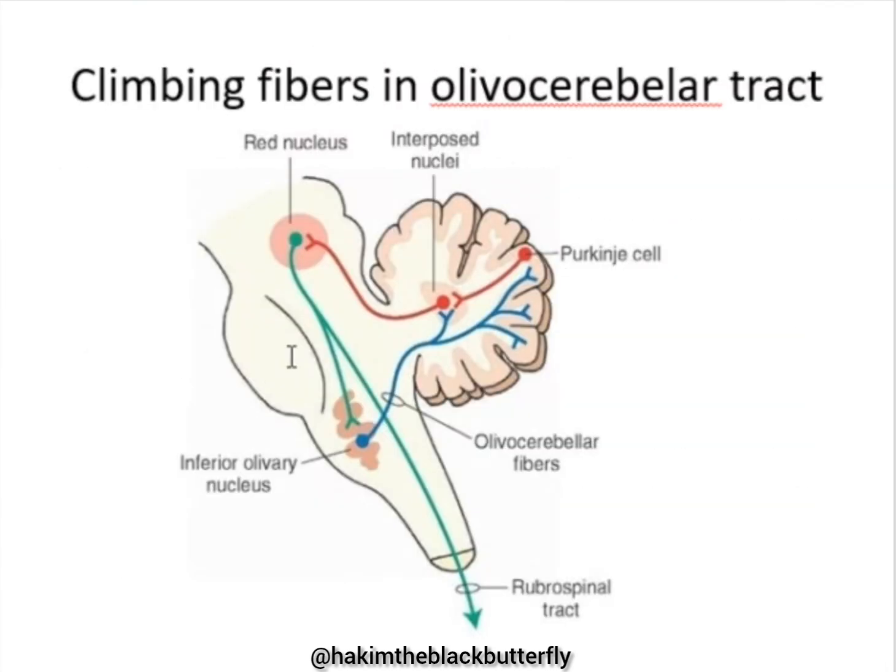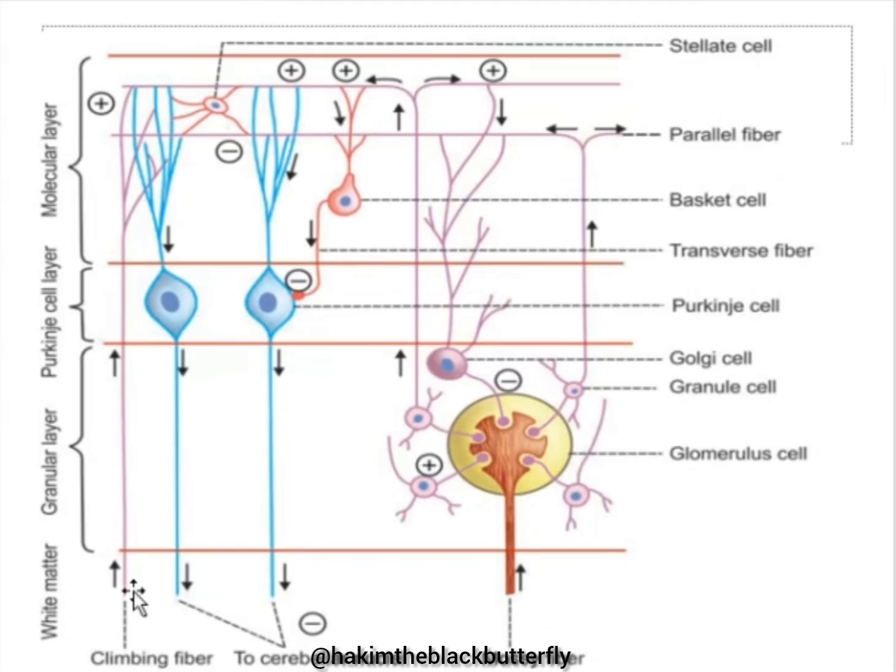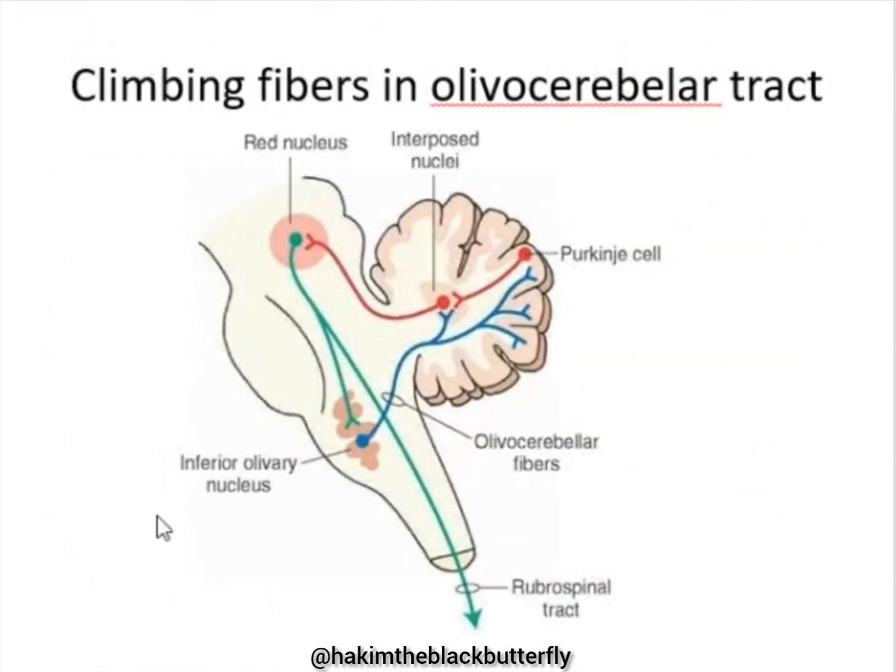Now, where do the climbing fibers come from? Because we have said that these climbing fibers enter the cerebellar cortex and move out to the molecular layer. But where are they coming from? When we look at this illustration, this is our brain stem, this is our cerebellum.